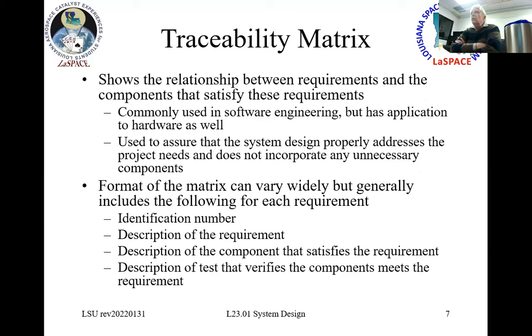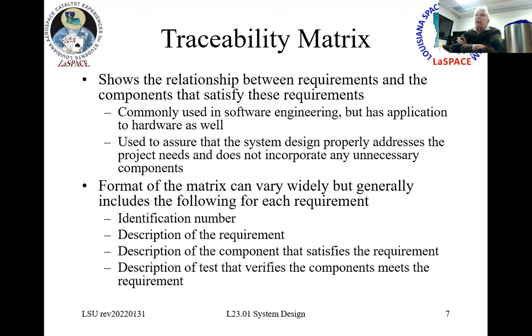There's a very handy tool called the traceability matrix. The traceability matrix relates your goal, objectives, requirements, and then eventually your implementation.